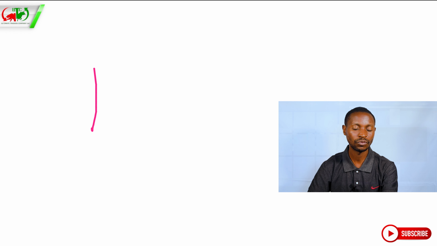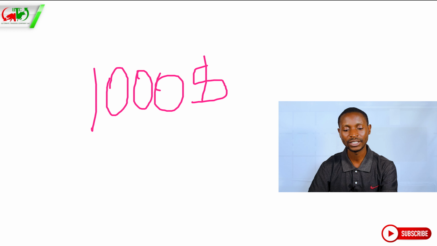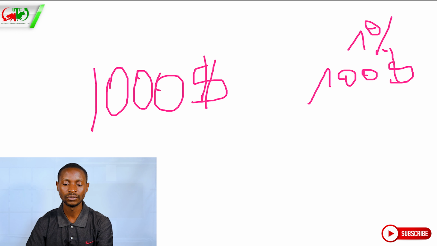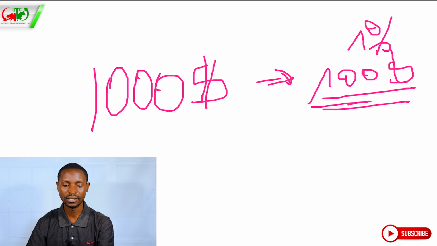Because, for example, if I have an account of 1,000 US dollars, and on a single trade I risk only $100, which is equivalent to 10% of my total account. If I lose this money from a single trade, I will not panic, because I will still have 900 US dollars.